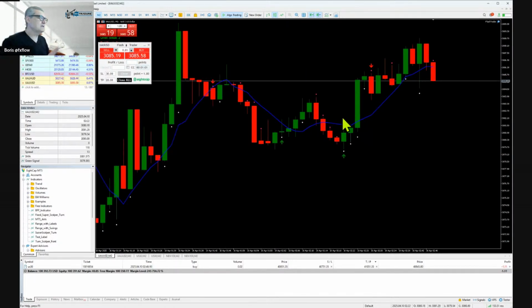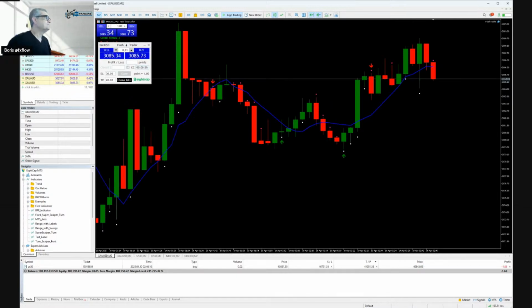The only thing I'm missing that I'm going to try to add, eventually I'll have this in the indicator, is a trend moving average, just pure moving average. Where's my moving average? I want to put a 200 period moving average for the red zone here.